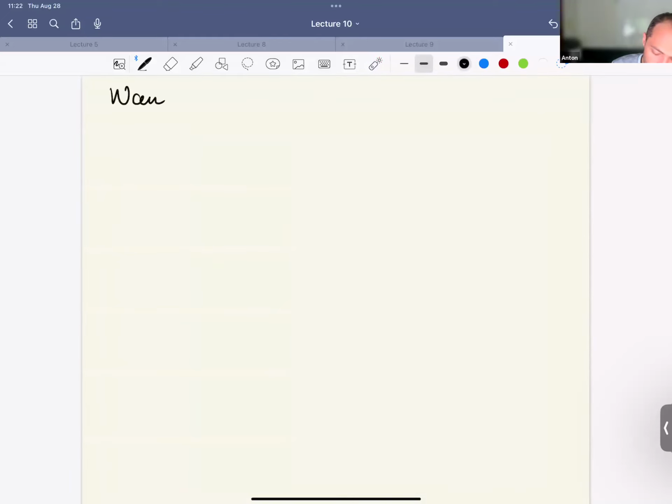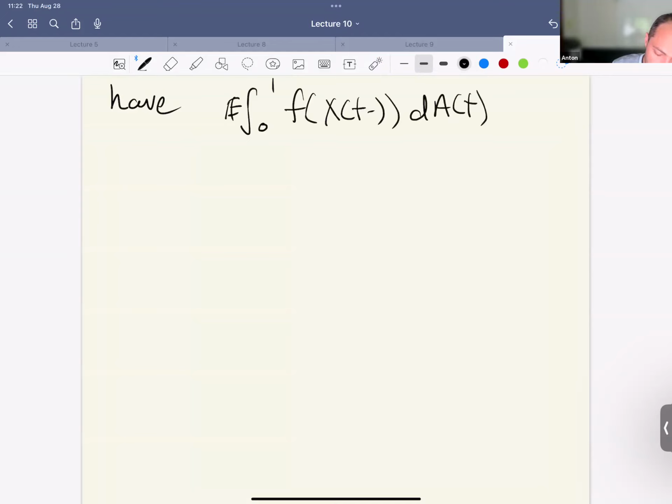So what we have is the integral from 0 to 1 of f of x of t minus dA of t. What I want is the expected value of f prime of x. Okay, so we have the inversion formula.